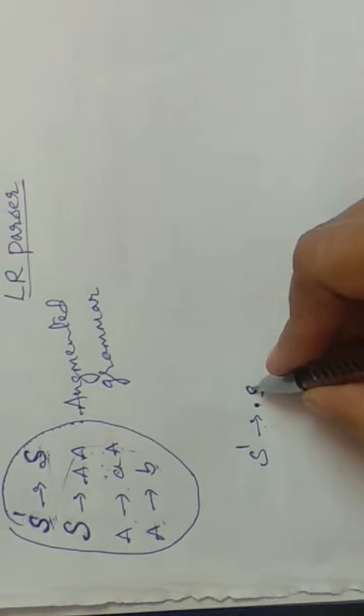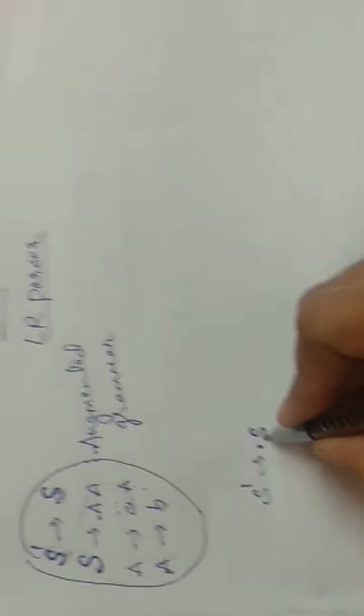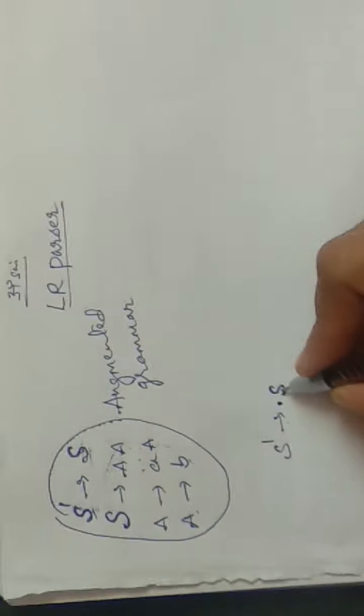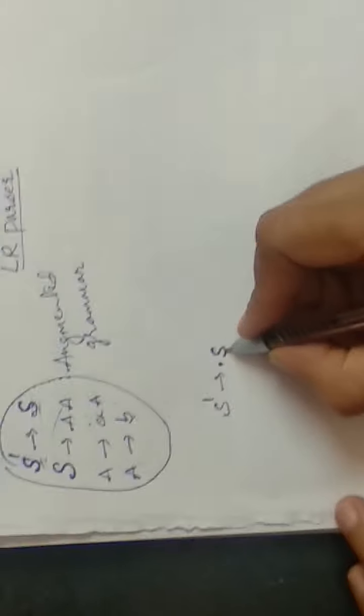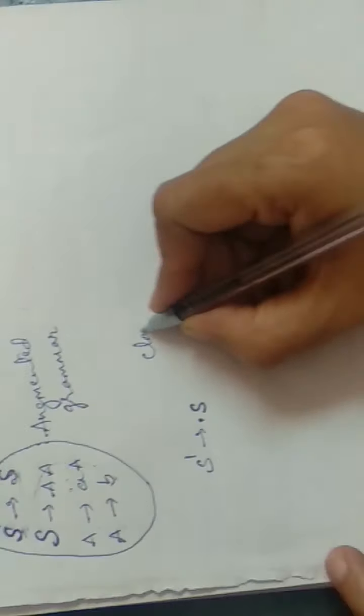If the dot is present in front of a variable, then this variable has to introduce its respective productions. It means the dot here acts as a closure of.